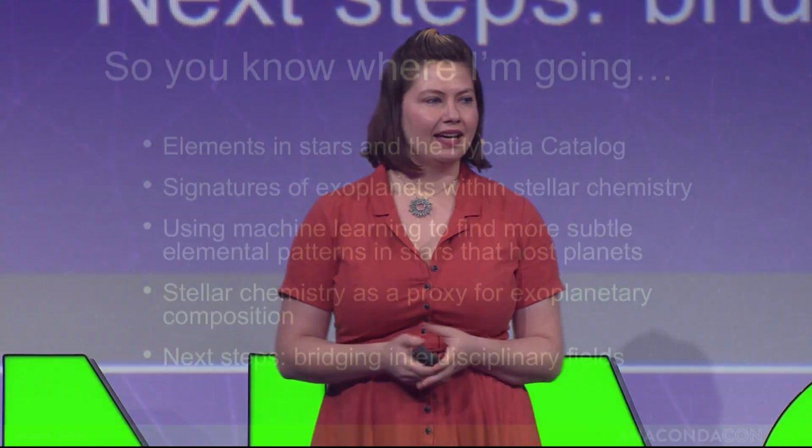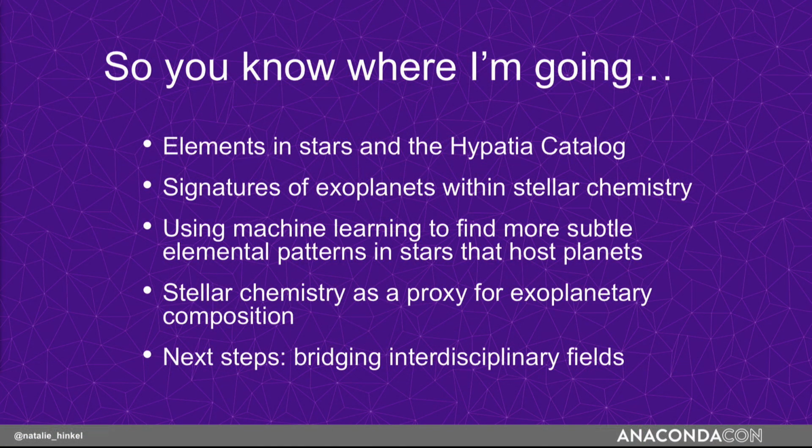But anyway, I forgot my clicker. So what I'll be talking with you about today is elements in stars. I'll first go over some of the physics behind that, and I'll discuss the Hypatia Catalog, which is sort of the crown jewel of my research. Then I'll talk about signatures of exoplanets in stellar compositions.